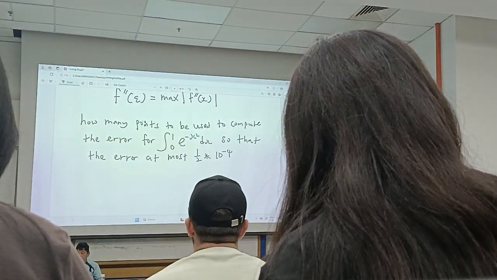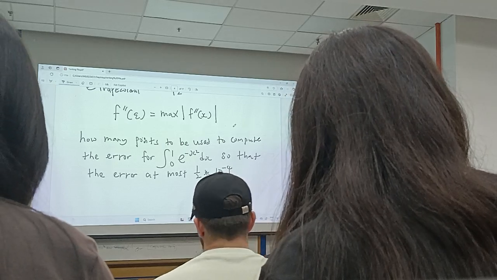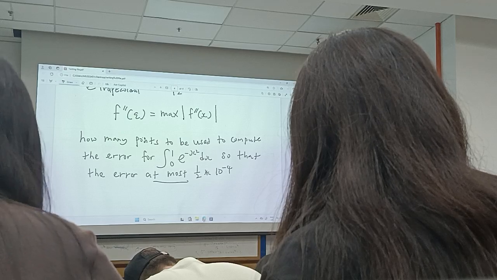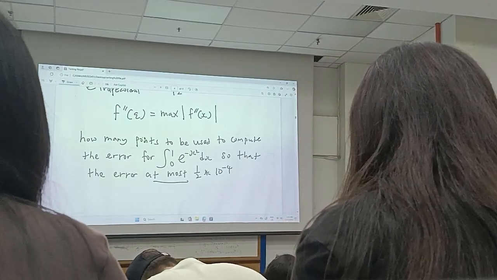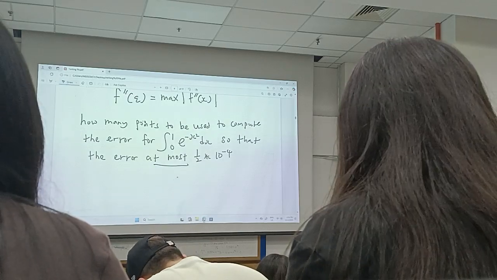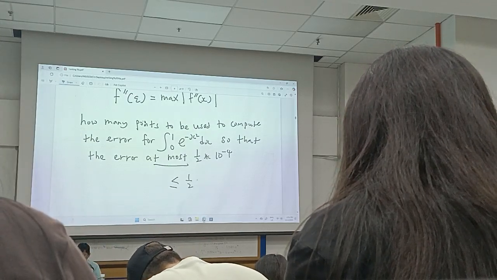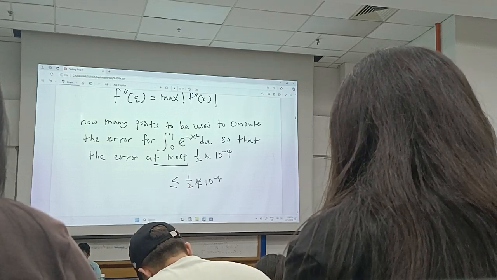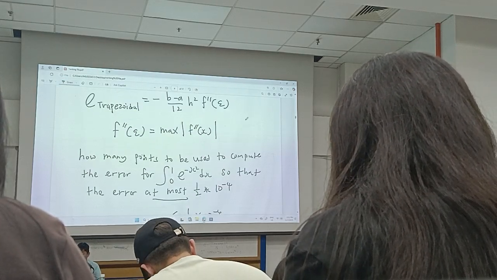Okay, so error at most, what does it mean? Minimum or maximum? Maximum, right? So it means the maximum error is at most 10 power of negative 4. Okay, so the error formula is here.